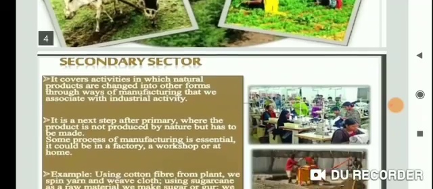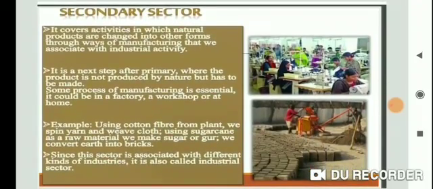Now next, the secondary sector. Students, in very simple words, the secondary sector changes natural products into other forms through manufacturing. To repeat: the secondary sector changes natural products into other forms through manufacturing.